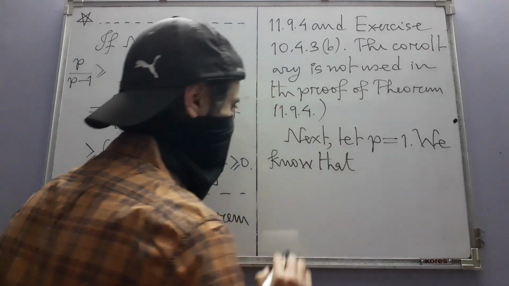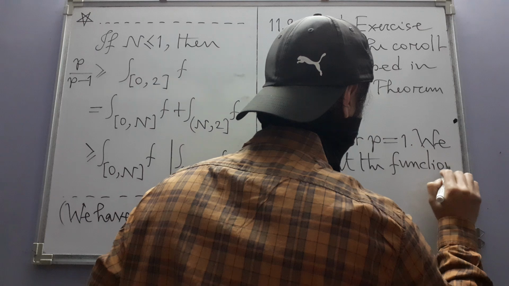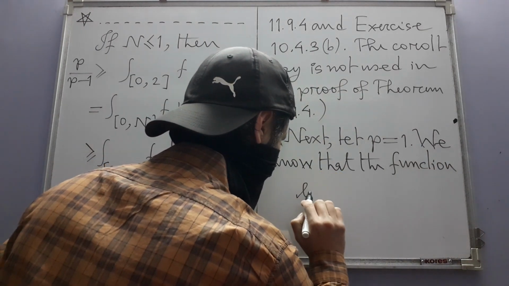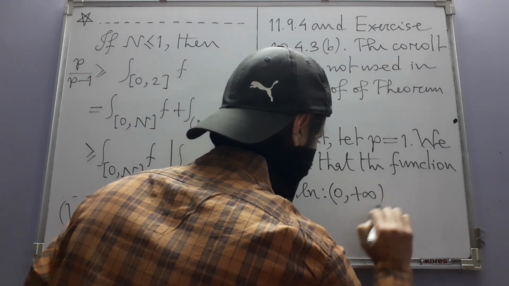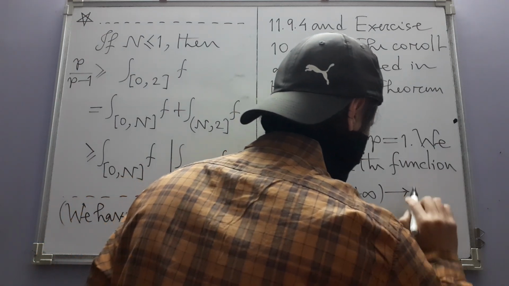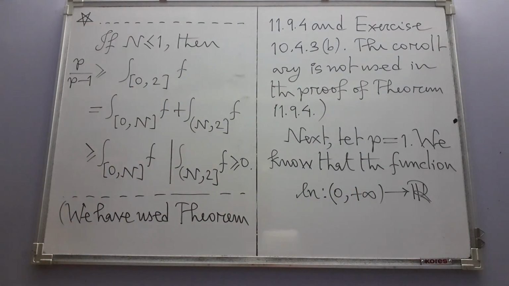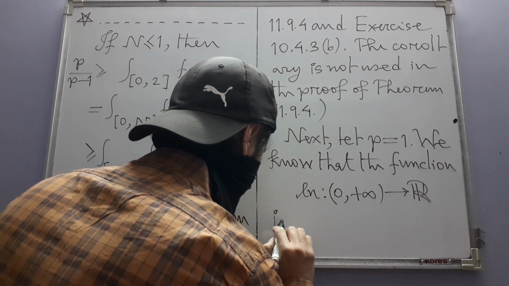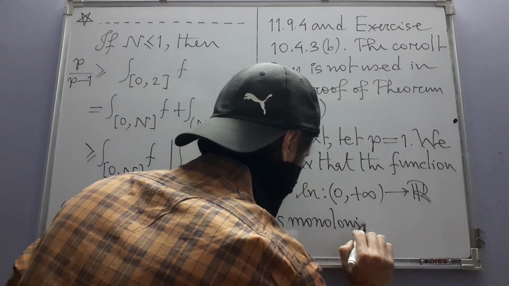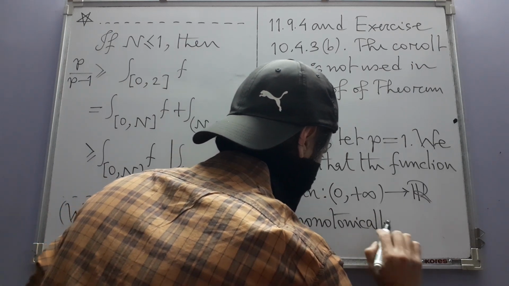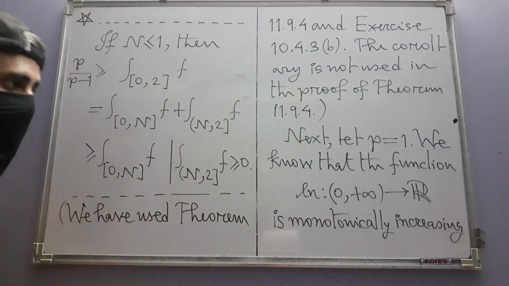We know that the function ln. Ln means natural logarithm from the set of positive real numbers into the set of real numbers is monotonically increasing and onto.